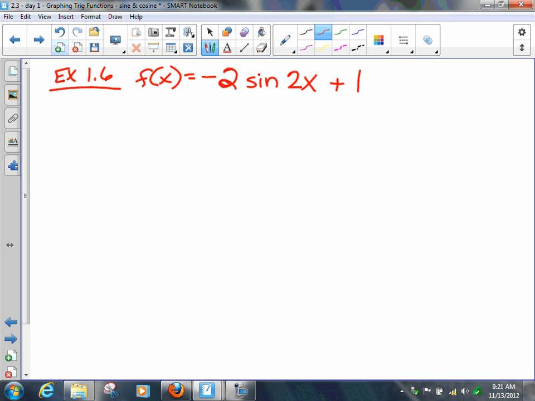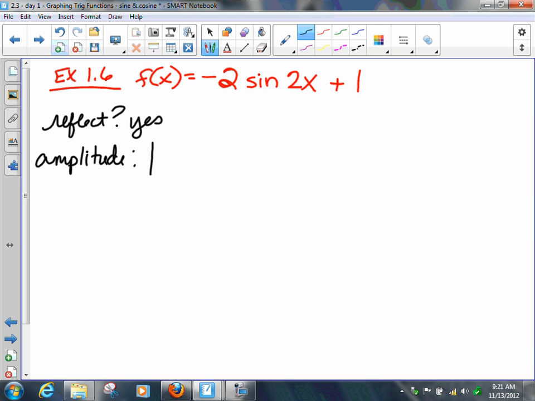Okay. Let's go through this one together, and then I'll give you one to do by yourself, because this one's got it all, almost. First thing, ask yourself the same thing every time. Is it going to reflect? Yes. Amplitude. How do I find the amplitude?